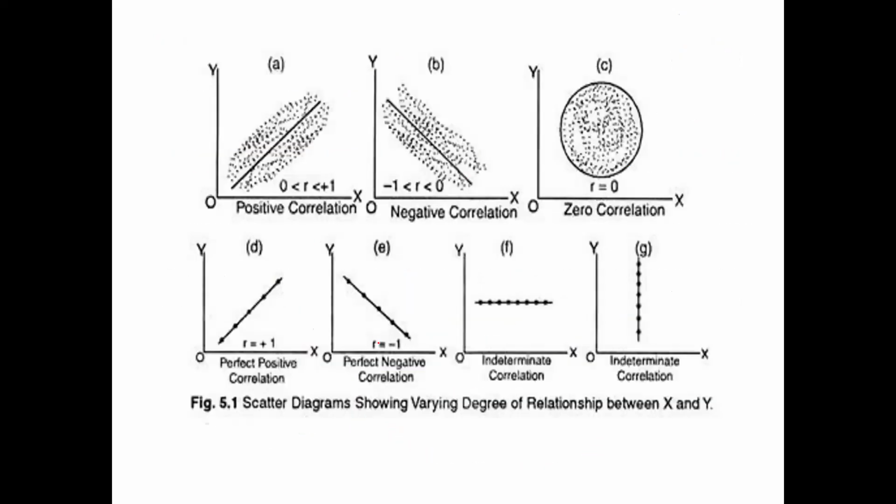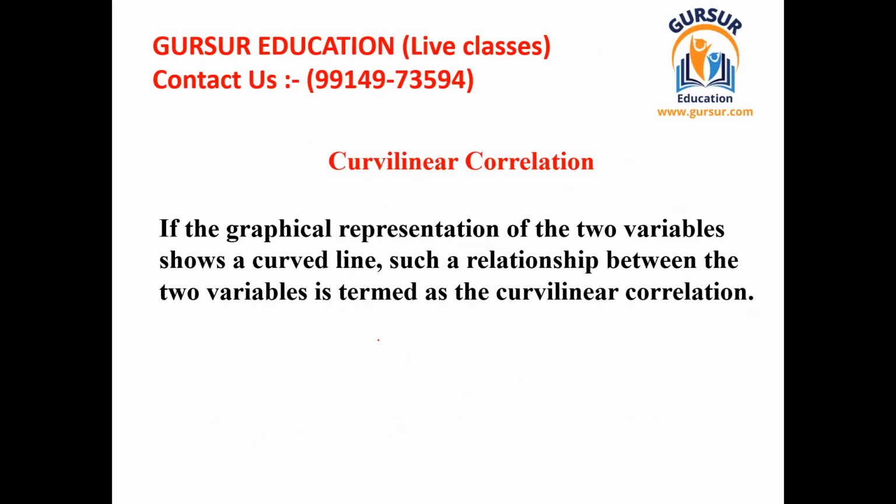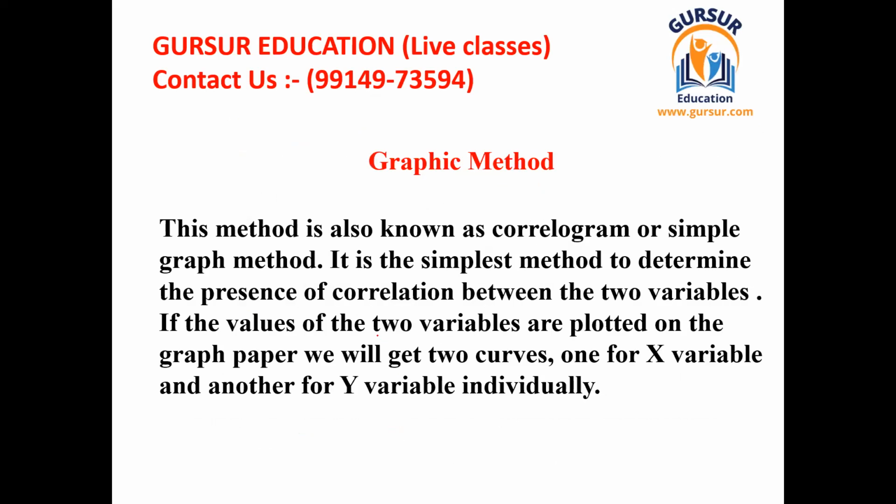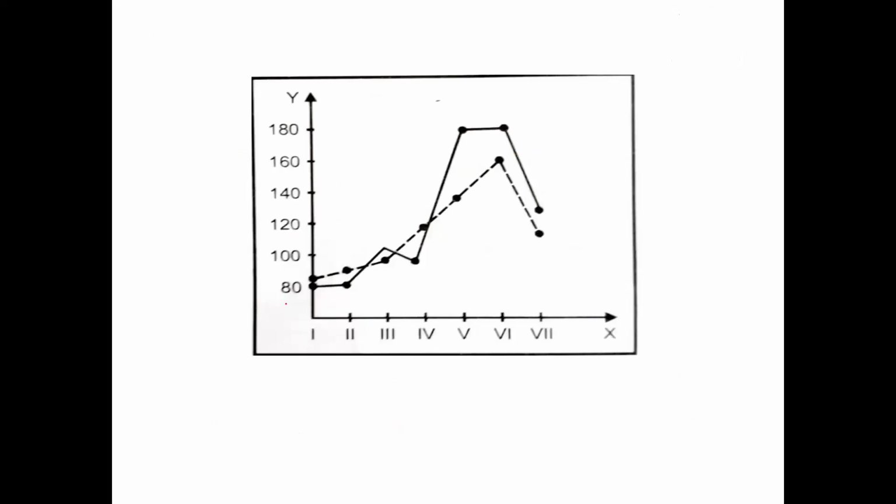Here comes the next one. This is after types: simple correlation, partial, linear. We have gone through the scatter diagram. This is the graphic method, when we show graphically all the data points. In this way, we have separately joined all the dots of a single variable by a single line, so that one may represent X only, and the other may represent Y only.